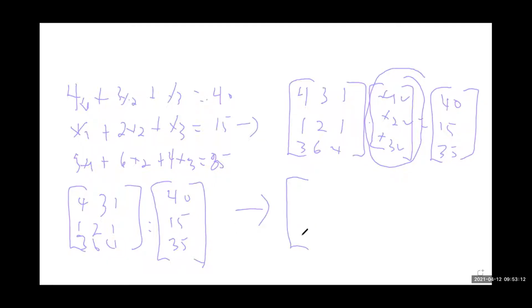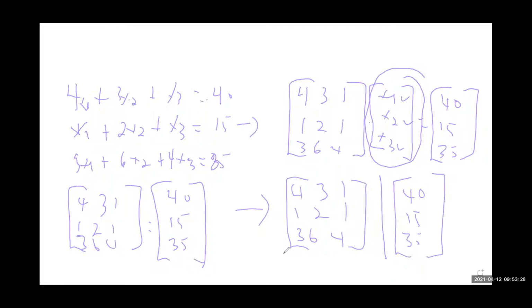By augmentation, we are just bringing matrix B closer to matrix A. 4, 3, 1, 1, 2, 1, 3, 6, 4, then I have my 40, 15, and 35. This is augmented. I've augmented this whole matrix into this form. Then I go ahead to use the Gauss-Jordan method, which is the elementary row operations. And that should be it.